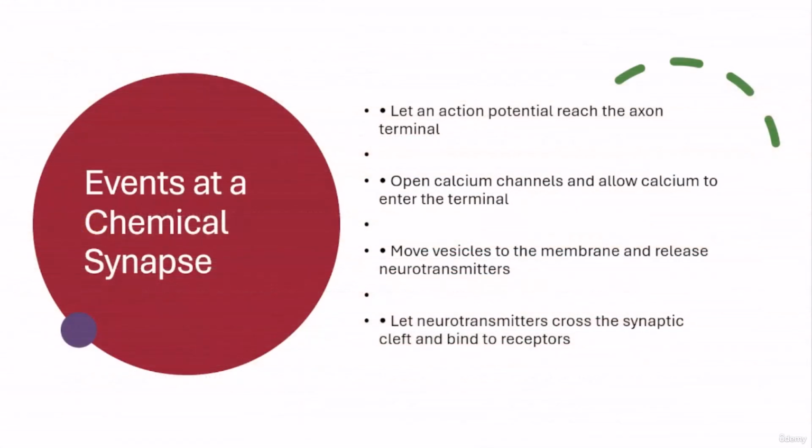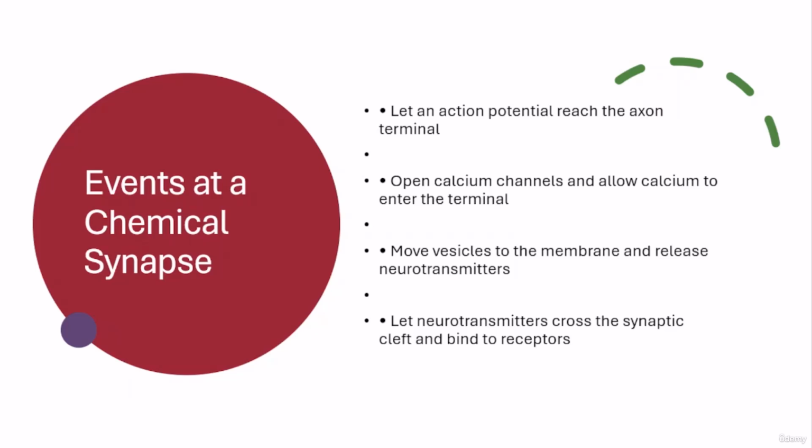When an action potential reaches the end of the axon, calcium channels open and calcium enters the neuron, and this triggers vesicles filled with neurotransmitters to move toward the synaptic membrane. And these vesicles fuse with the membrane and release neurotransmitters into the synaptic cleft.